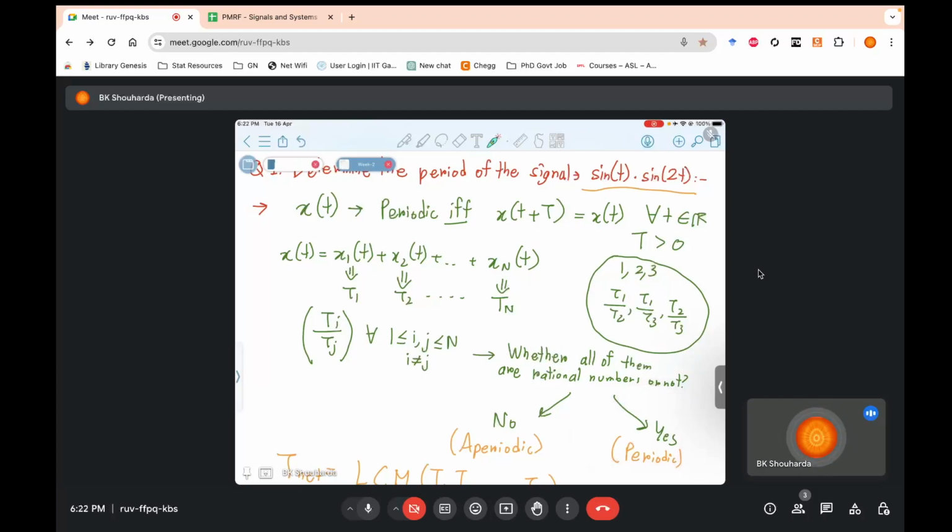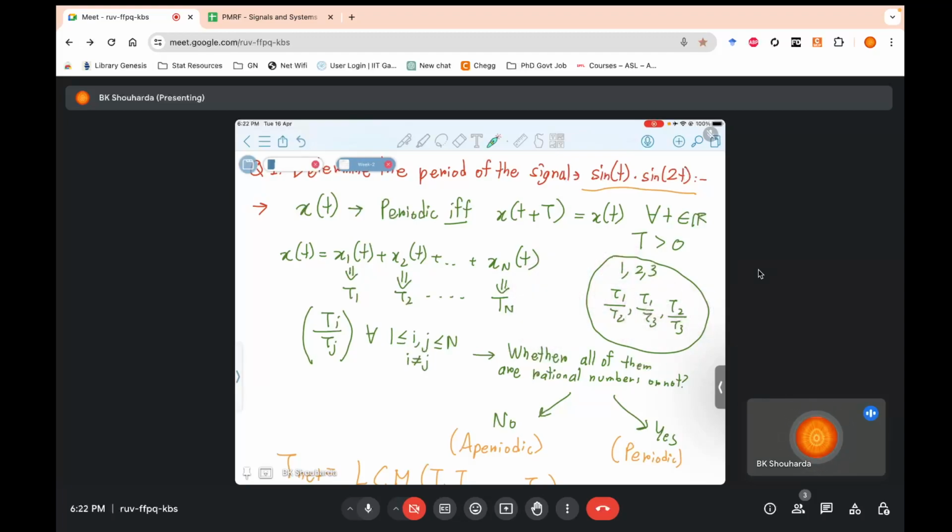If at least one of these ratios turns out to be an irrational number, let's say root 2 or pi or some power of e or anything that's not rational. I'm sure you know rational number means a ratio of p by q, where both p and q are integers and q cannot be 0 obviously.